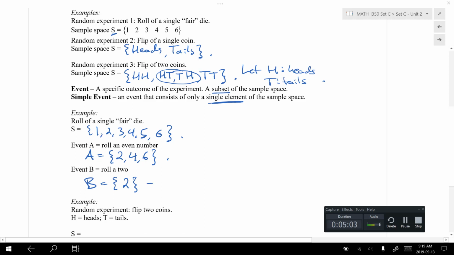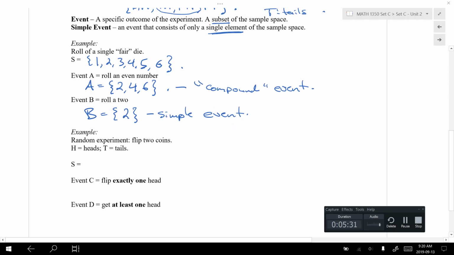This one has only a single element, so we call this a simple event. Sometimes you might call this event like a compound event. That's not super common though, but if you see it, that's what it means.